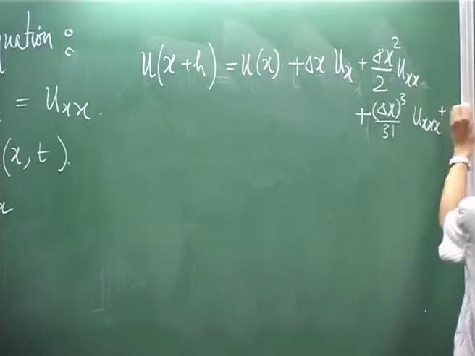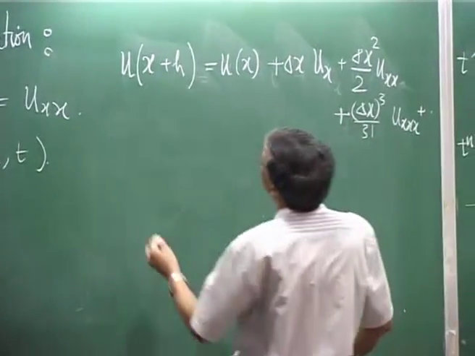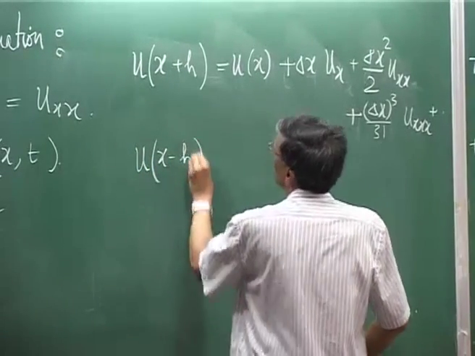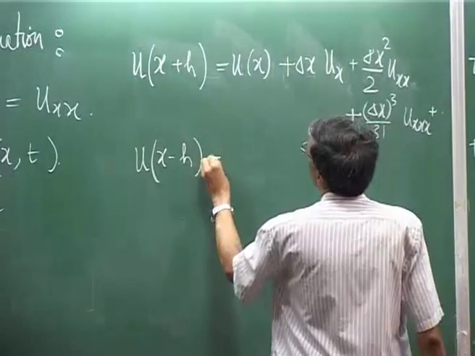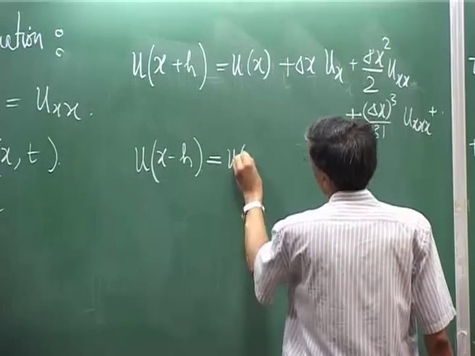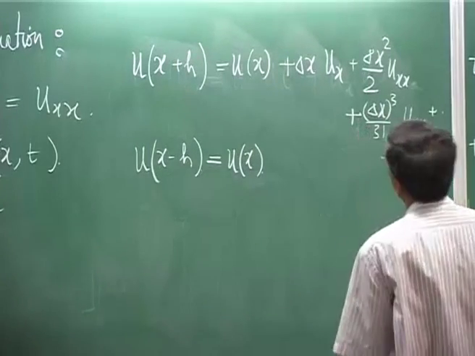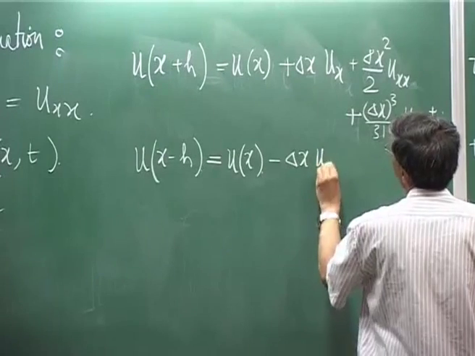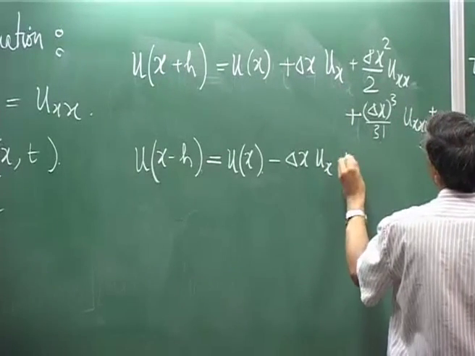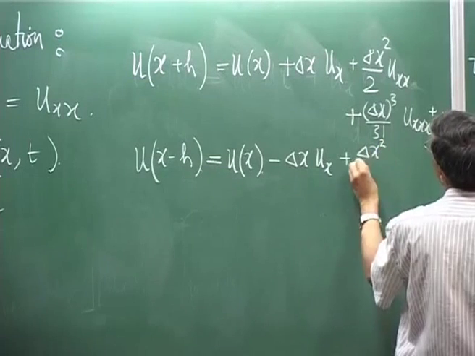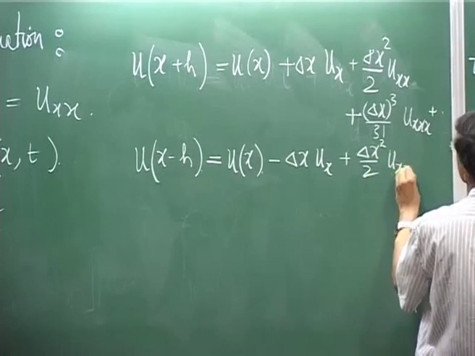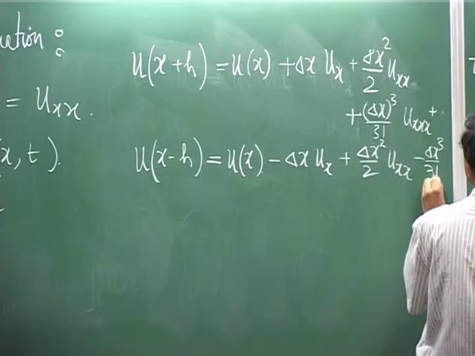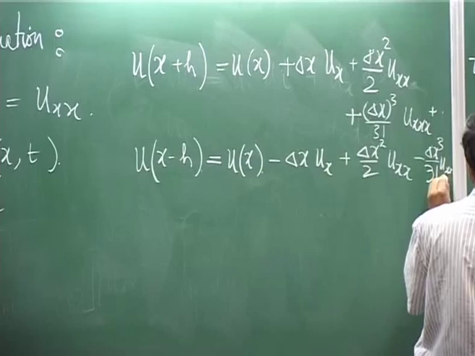We could keep on adding many more terms. Now, what we could do is we could also similarly write the unknown at the left point. Then you would find that the odd derivative terms appear with an altered sign, and so on and so forth.